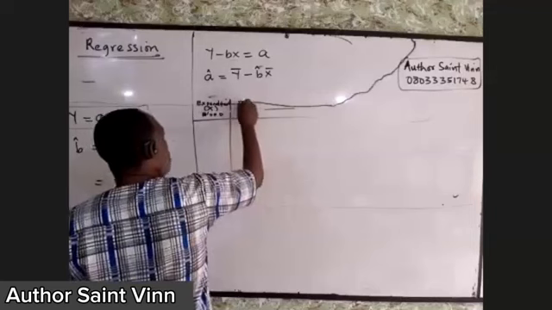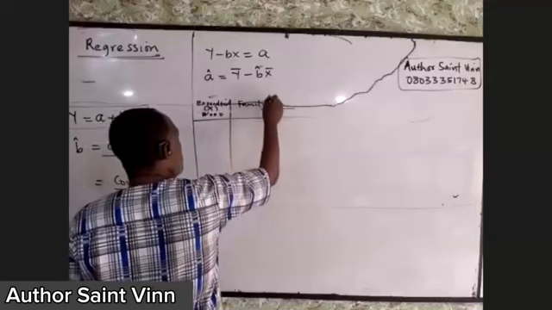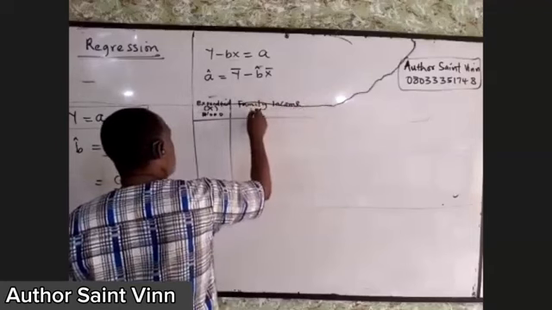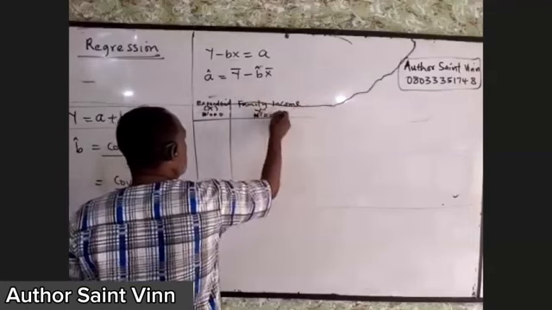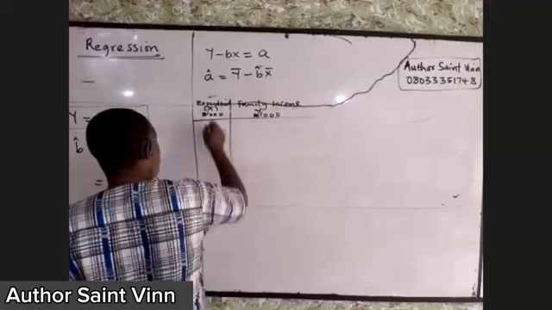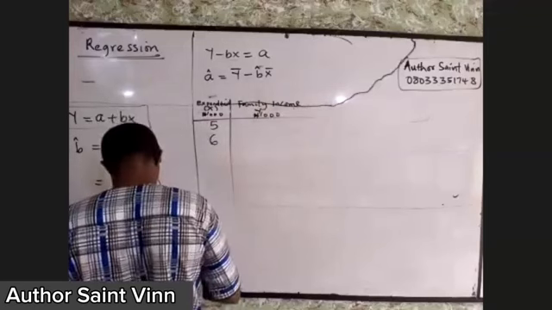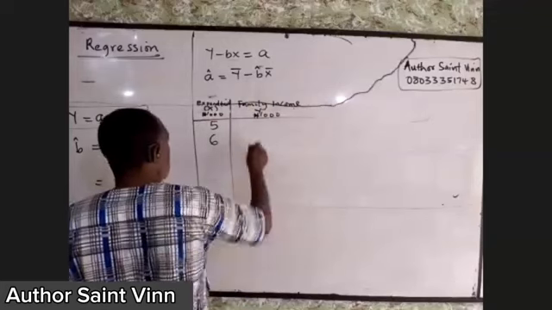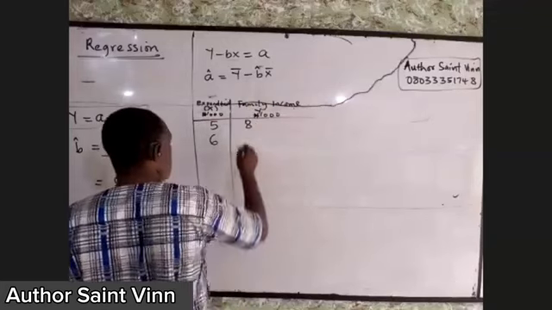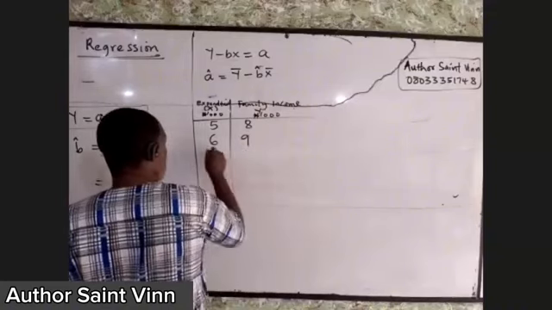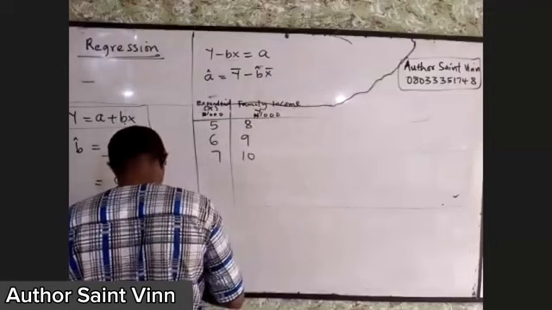This is the family income, which is Y, also left in thousands. This is 5. This is 6. 8. 9. This is 7. This is 10.